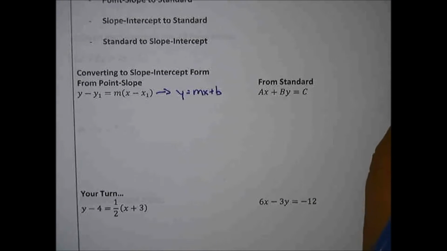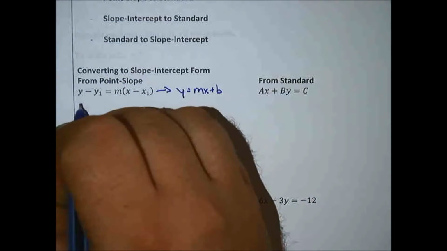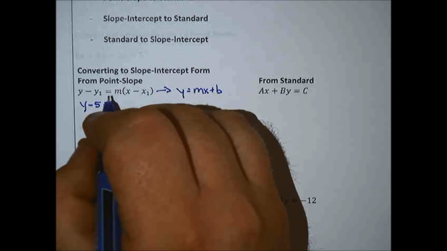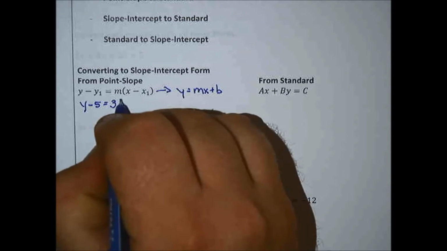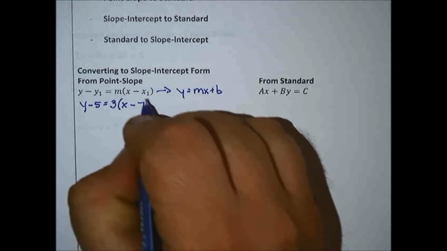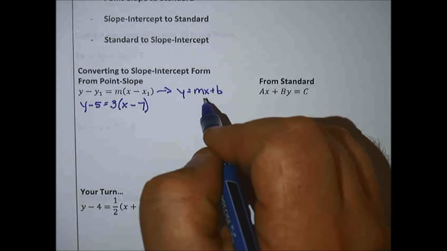Let's look at an example for that. Let's say I had y minus 5 equals, let's give it a slope of 3, times x minus 7. And I want to convert that into y equals mx plus b.